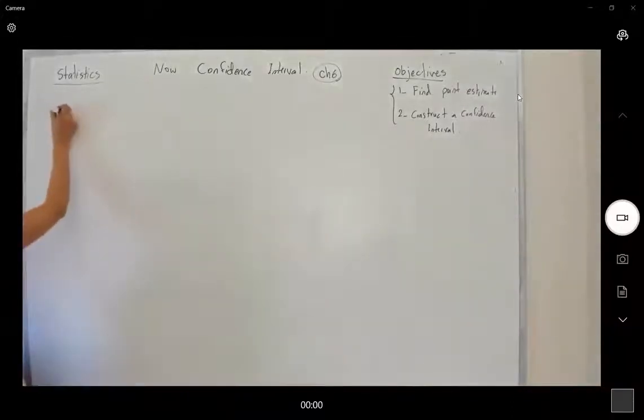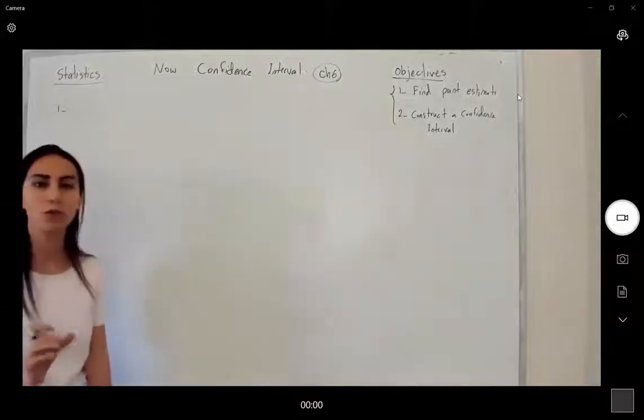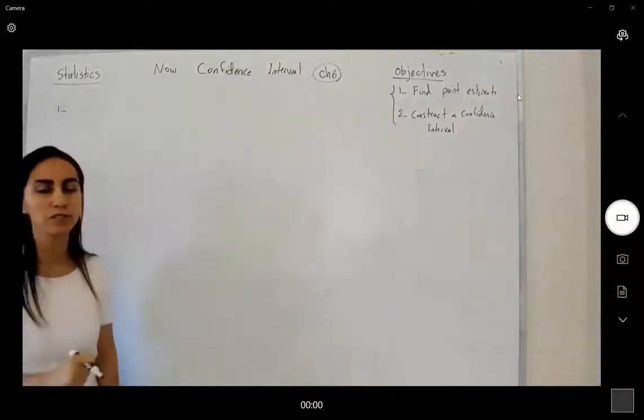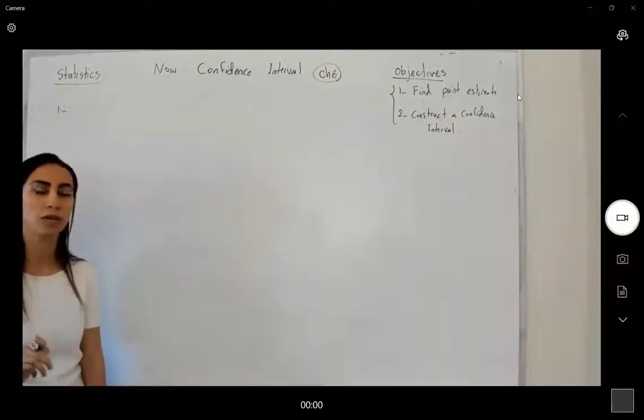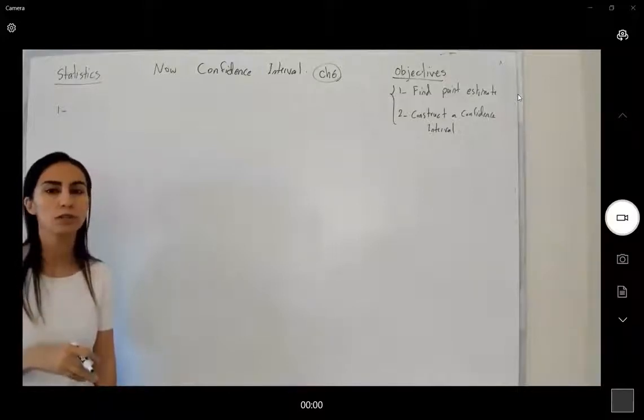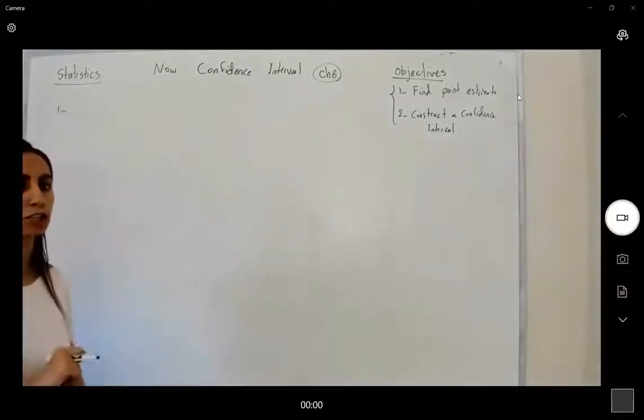So first of all, when you're working with a population and taking samples from it, you need to make sure the sample size is greater than or equal to 30 or your population is normally distributed.